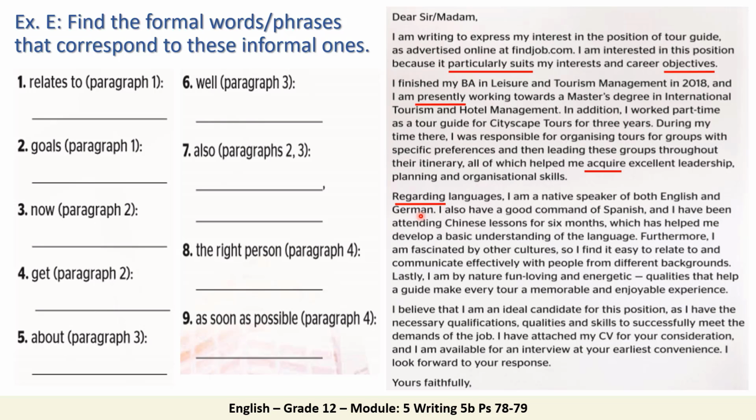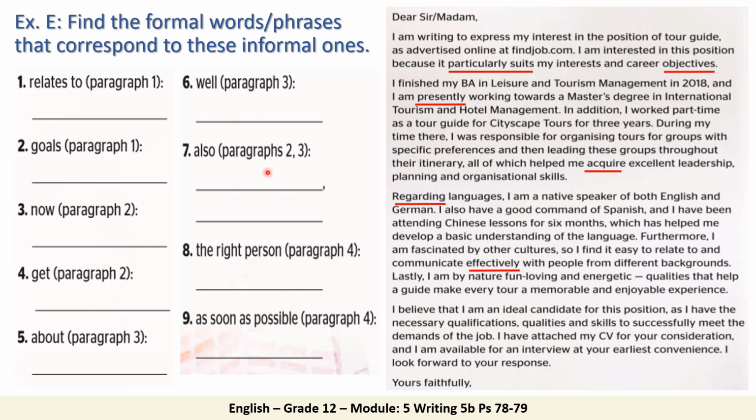So instead of saying "about languages," we can say "regarding" or "concerning" languages. How about "will" in the same paragraph? "Will" corresponds to the formal one, "effectively." Instead of saying "and communicate well with people," we say "to communicate effectively with people."